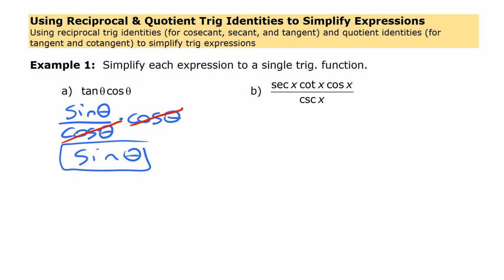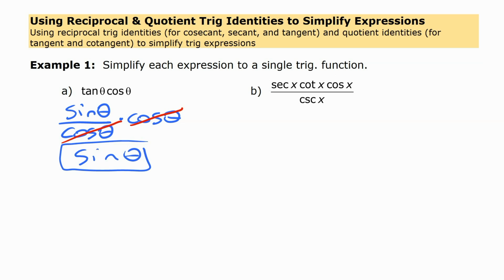This second one here, we have secant times cotangent times cosine on top, and then divided by cosecant on the bottom. If we want to, we can try that same strategy of replacing things with trig functions to try and make it so we don't have so many different ones.